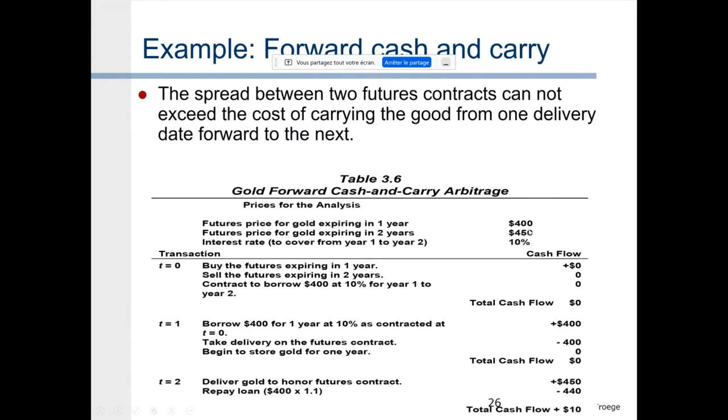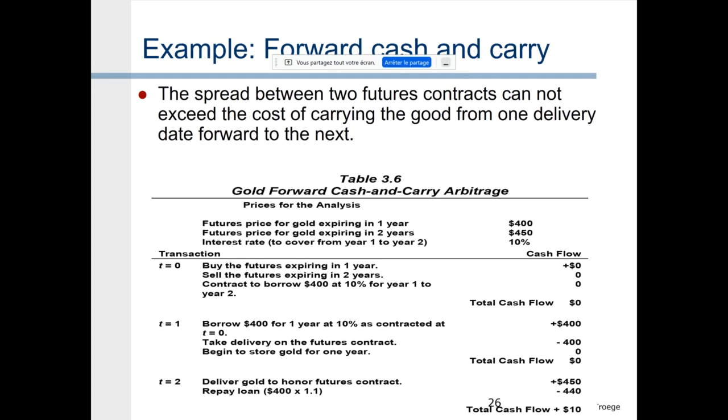And then we have the forward interest rates. Now we need the forward interest rates because we need to borrow from 1 year to the second year. These forward interest rates are 10%. So the transaction we are going in to lock in is a transaction where we buy the future in 1 year. We sell the 2 years future, and we enter in a forward rate agreement to borrow the amount that we need to buy the gold in 1 year.